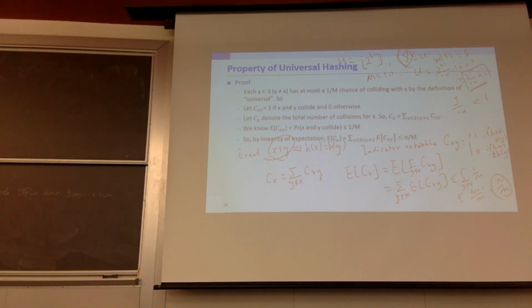But the argument here is from another perspective. We are not actually concerned about how you choose the hash function. If you're a user, you do not care about how I choose the hash function.